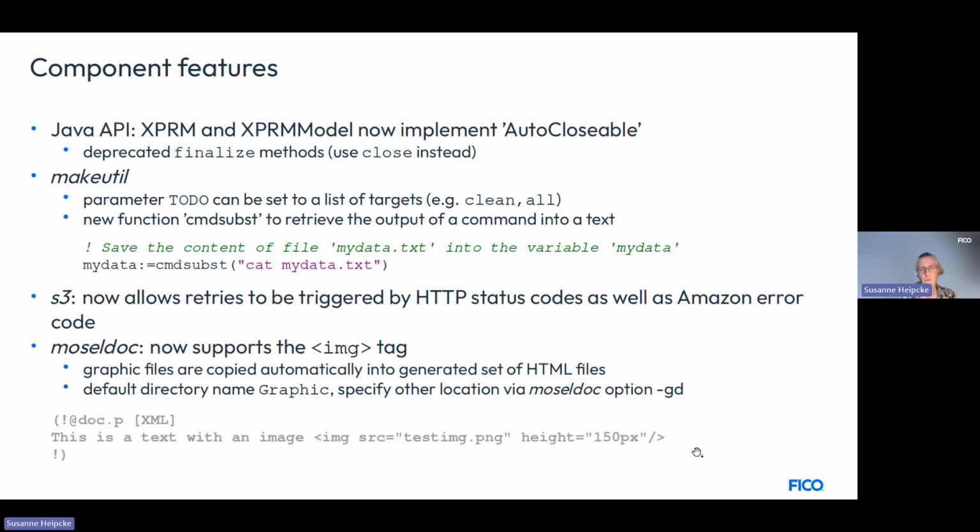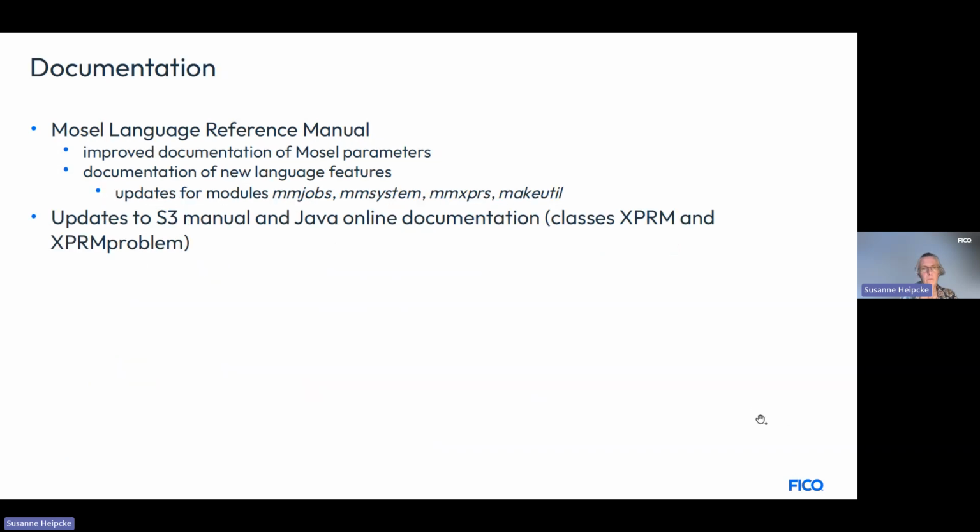Moseldoc now handles the image tag, so you can have markup that includes an image, and then it is expected to find this image file in a subdirectory called graphic to produce a nice document going along with your Mosel model. The updates are in the Mosel language reference manual.